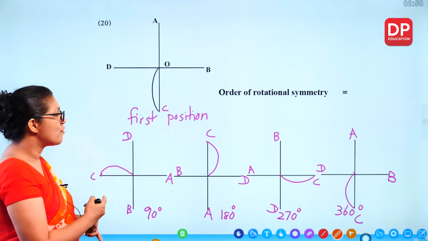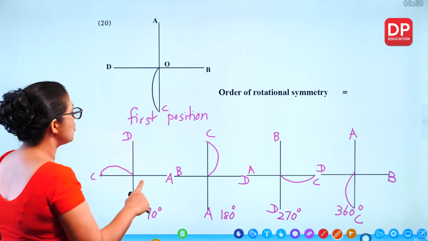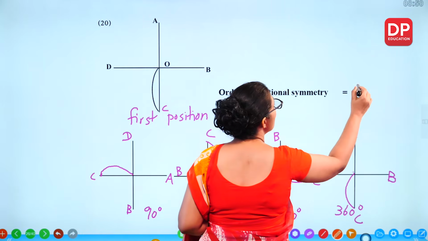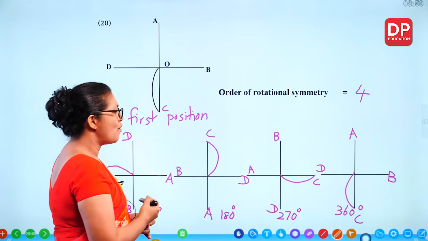So what's the order of rotational symmetry here? 1, 2, 3, 4. The order of rotational symmetry is 4.